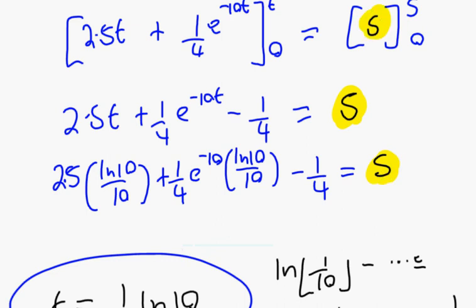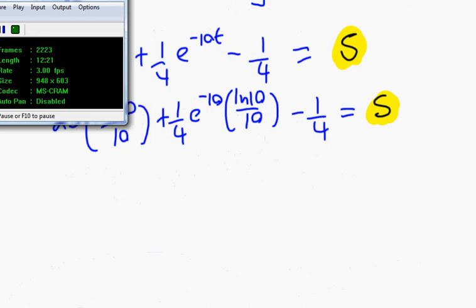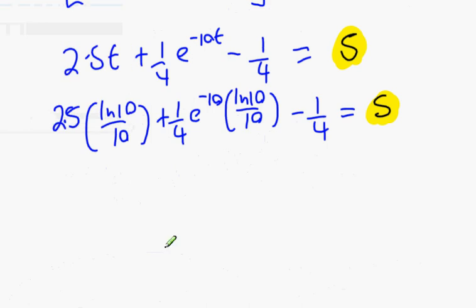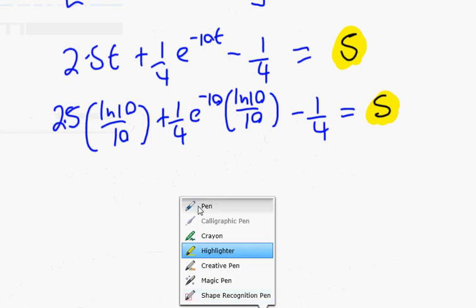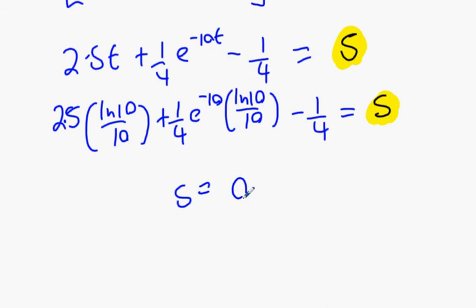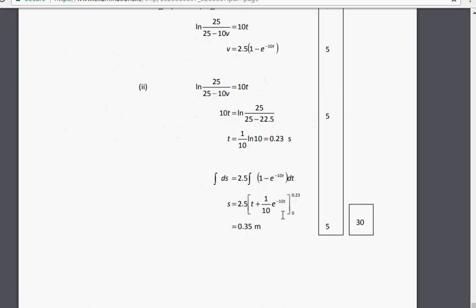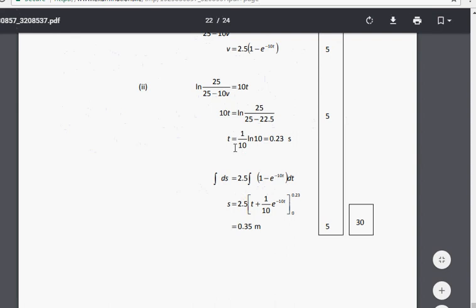And all going well, we will get s equals 0.35, guys. So s equals 0.35, and if you look at the marking scheme, you can also put it into decimals, and the marking scheme accepts that instead of having to use the ln. Okay.